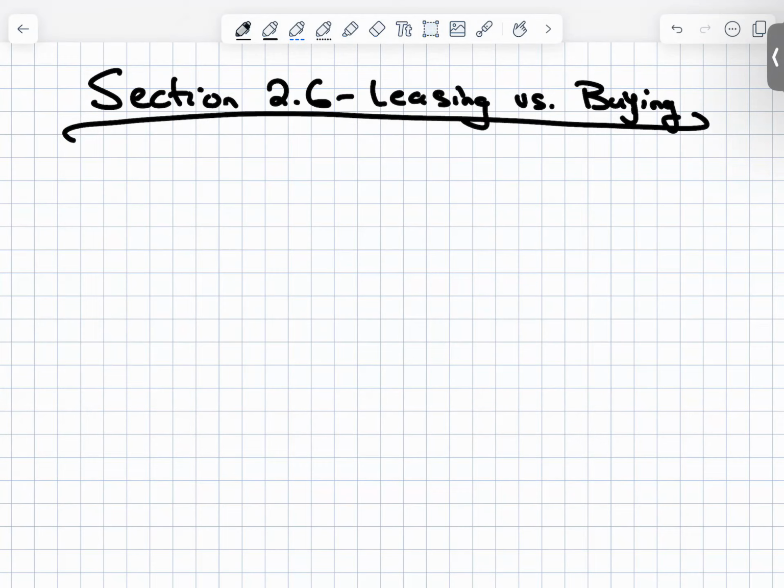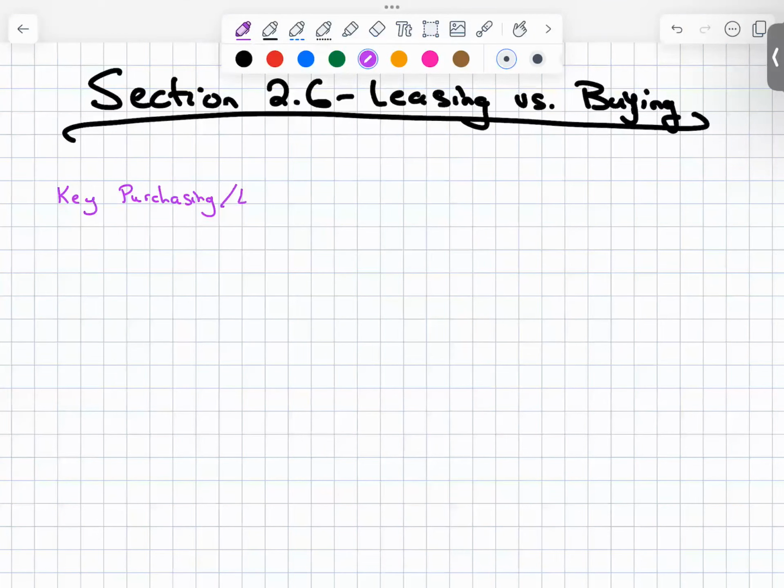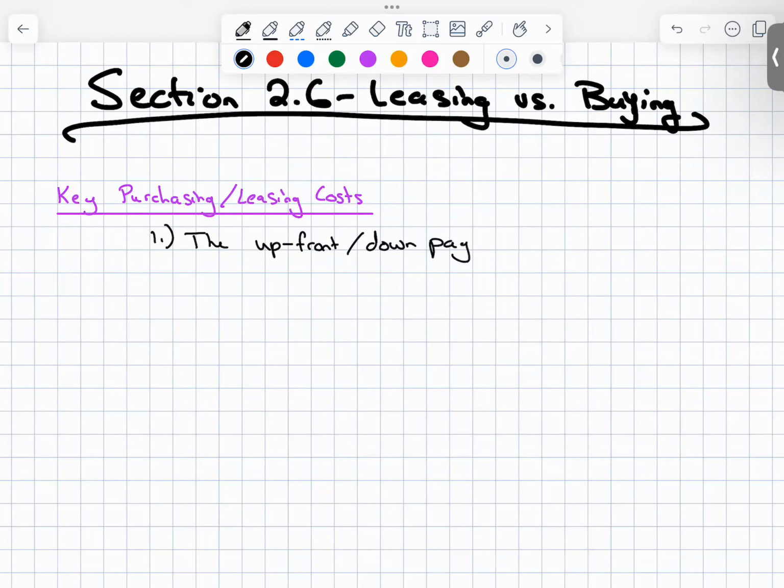So first things first are the key purchasing and leasing costs. When you're looking to purchase or lease something, these are the main things you want to look out for. One is the upfront or down payment required for a purchase or a lease.